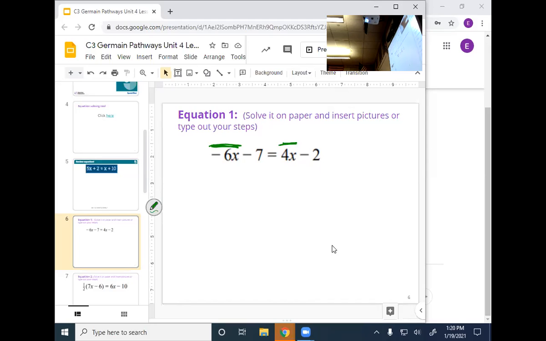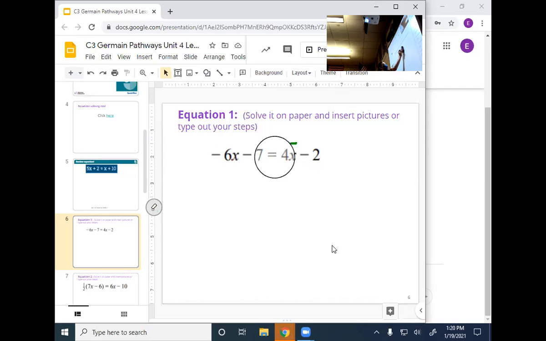Nice job, Bridget. Billy, which one is smaller at this point in time? 4x. Oh, actually, 6x. Very good. And it's the negative 6x because you cannot forget that this negative sign is attached to the 6. You say to yourself, which one is smaller, a negative 6 or a positive 4? Jonah, head up. That negative 6 is smaller.